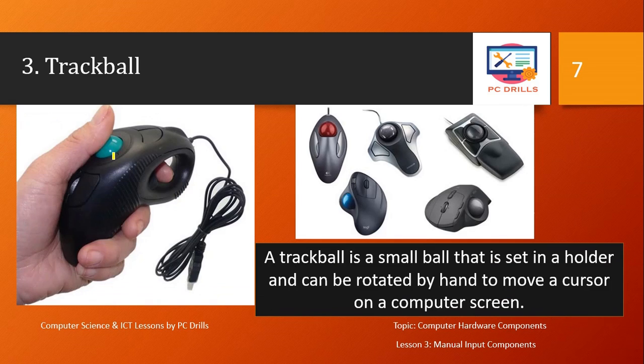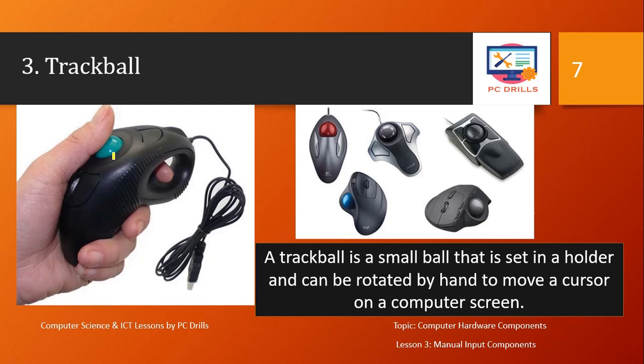Next, we have a trackball. A trackball is a small ball that is set in a holder and can be rotated by hand to move a cursor on the computer screen. On the left, you can see a hand holding the trackball. You just rotate in any direction that you wish, and the cursor on the screen moves.